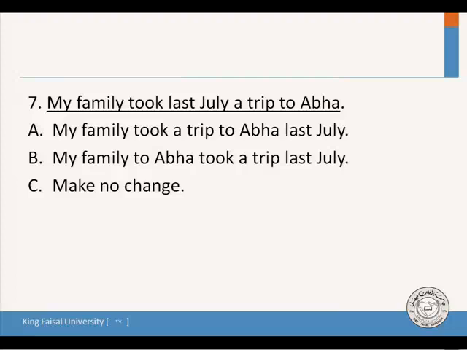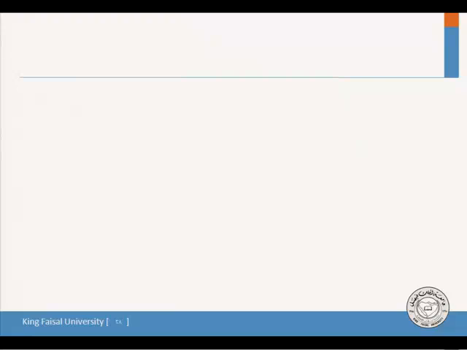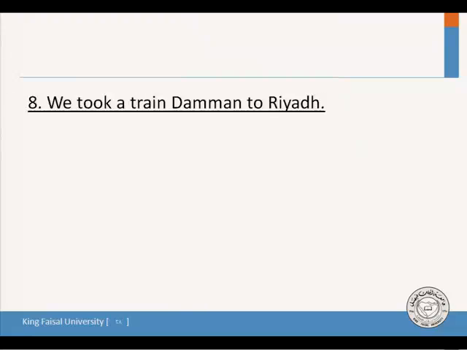Took. And took is a transitive verb. We need an object. Took a trip. Where and when. Place and time. To Abha last July. So the answer is sentence A. We have the subject, the verb, the object, the place, and the time.